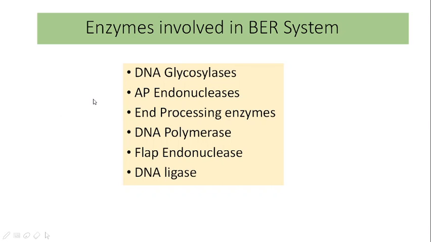BER is an important pathway to remove damaged bases, which otherwise may cause many mutations. It is initiated by DNA glycosylase, which removes inappropriate bases forming the AP site. These AP sites are cleaved by AP endonucleases. The resulting single strand break can be further processed by short patch and long patch BER mechanisms.